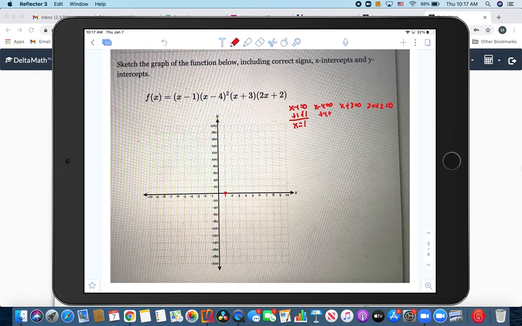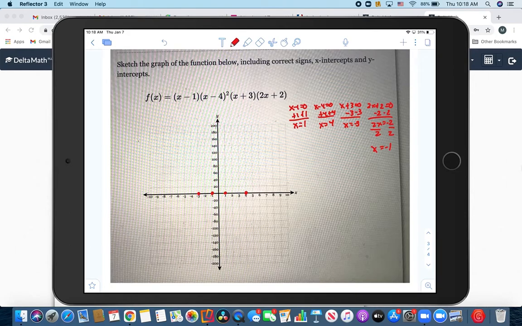Add 4 to both sides, x is going to equal 4 there. Subtract 3 from both sides, and x is going to equal -3 there. And subtract 2, 2x equals -2, divide both by 2, x is equal to -1 there. So those are my zeros.